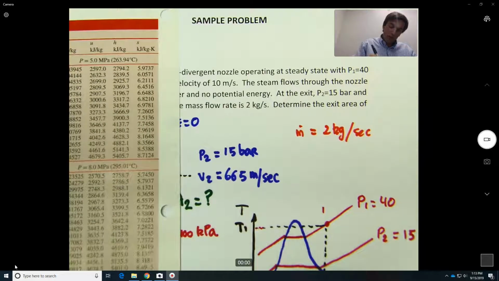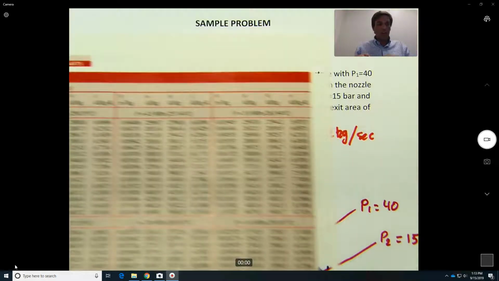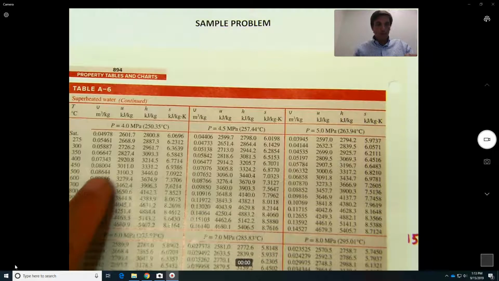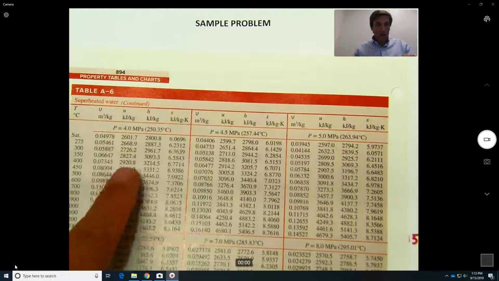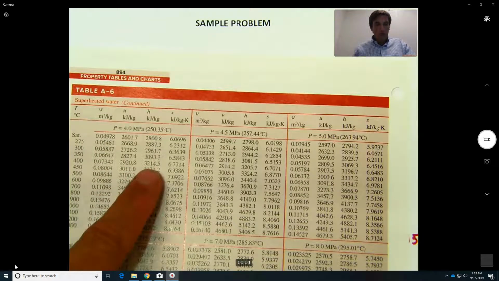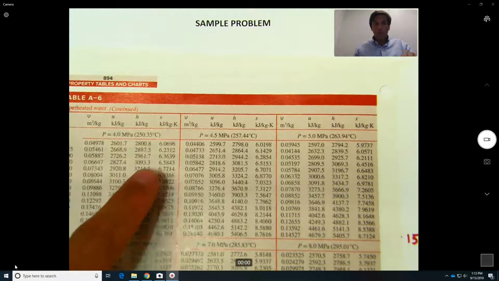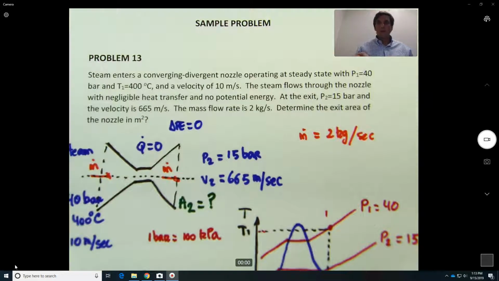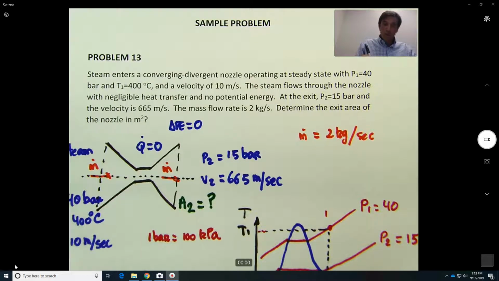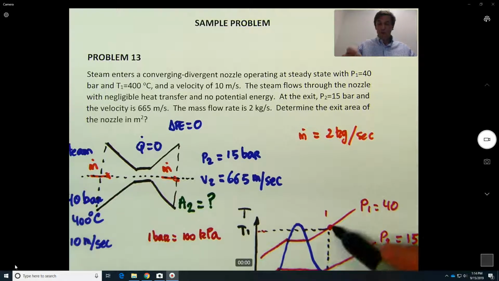And let's just put right away the value H1, which I think we're going to need. So that value from the same table at 400 will be 3,214.5. Okay, so we know where state 1 is.